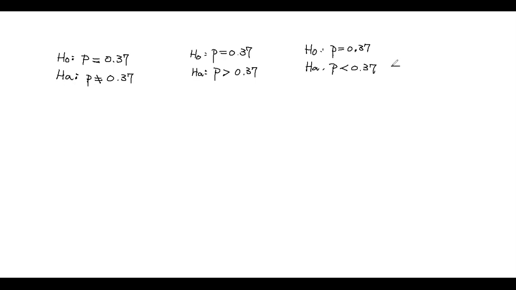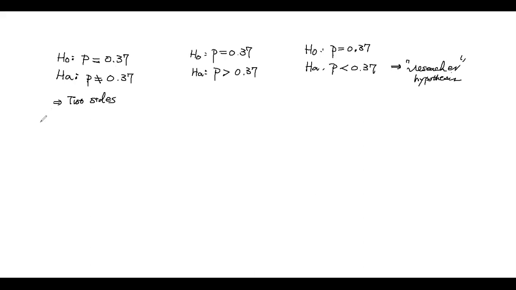Remember, what do we call the alternative hypothesis here? We call it the research hypothesis. That's the reason why we are doing this experiment, that we want to prove it. If it's not equal, we said this is a two-sided test.